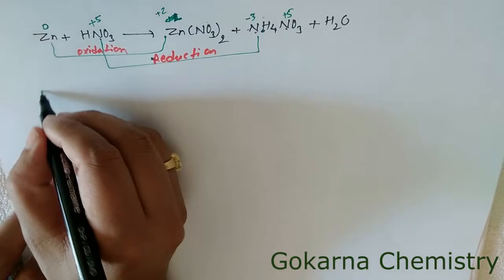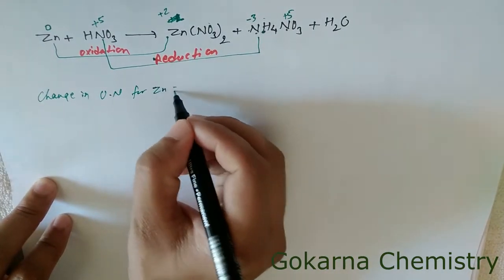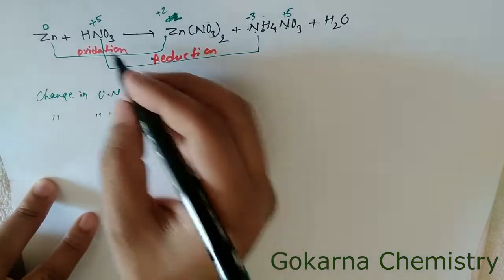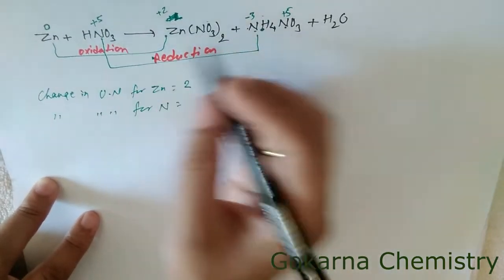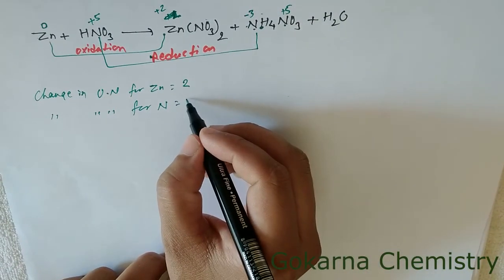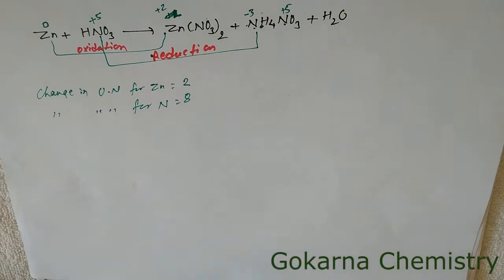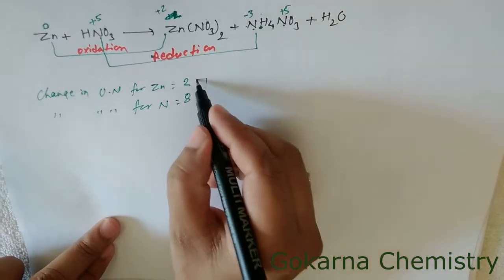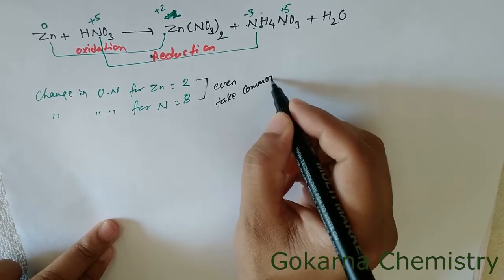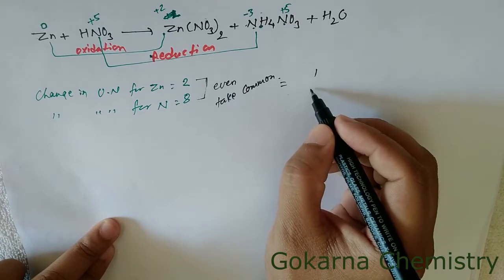For zinc, the change in oxidation number from 0 to 2 is 2. And the change in oxidation number for nitrogen, +5 to -3, is 8. So we have to take common factor because both are even. By taking common 2, we get 1 and 4.